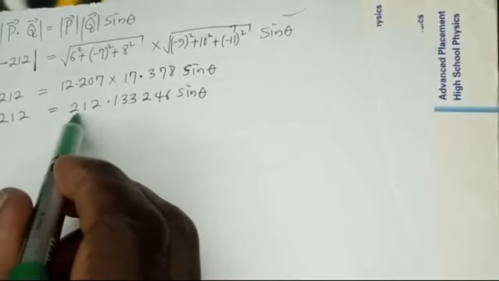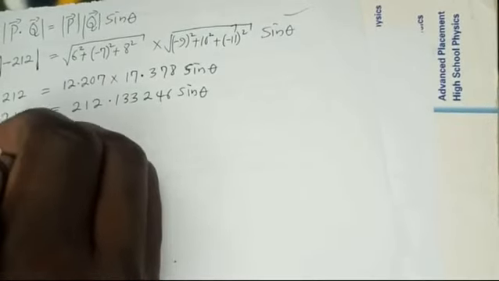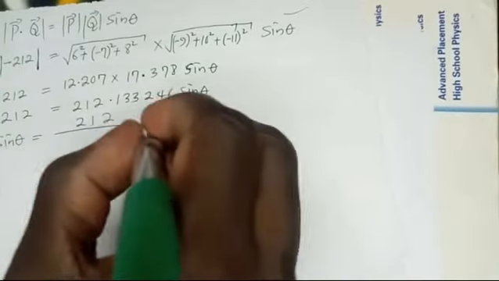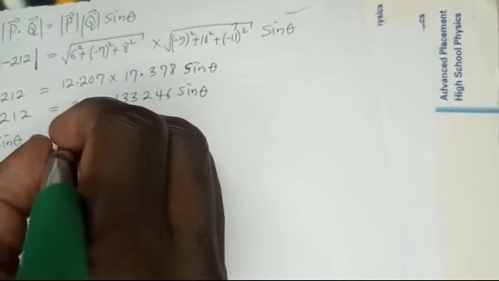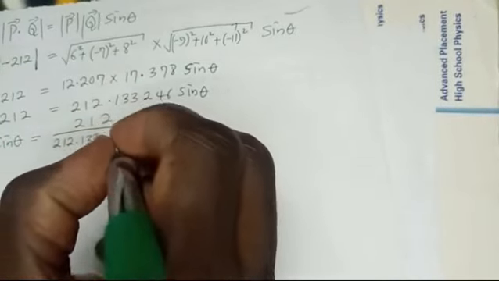Now we divide both sides by this quantity to make sine theta the subject of the formula, so sine theta is 212 divided by 212.133246.